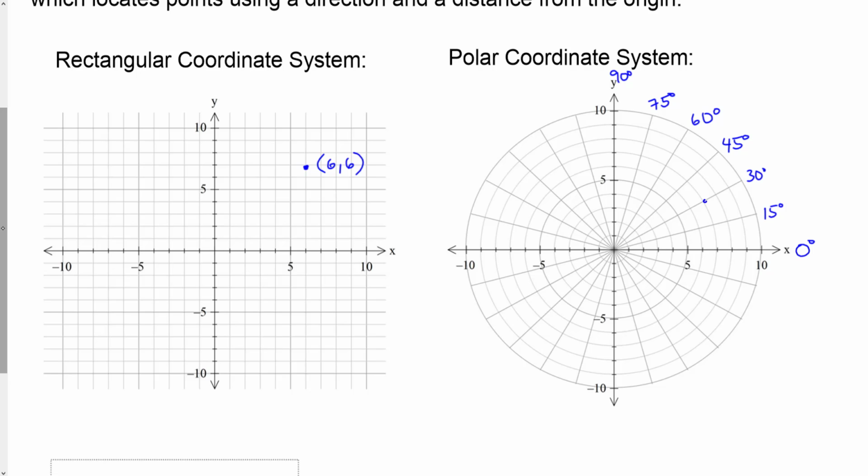So this right here could be, for instance, (7, 30°). So there's a direction of 30 degrees. I'm on this 30-degree line, and I've come out 7 units. So 1, 2, 3, 4, 5, 6, 7.